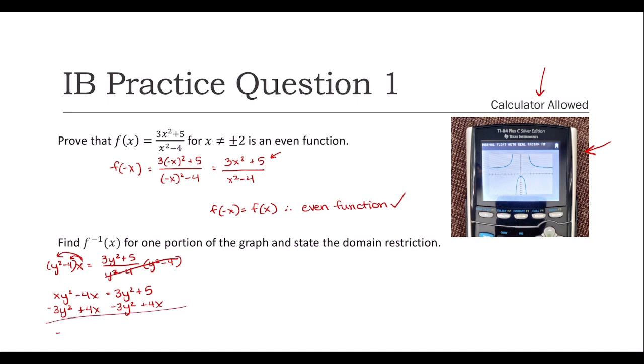So this gives us negative 3y squared plus xy squared equals 4x plus 5. We can factor the y squared out on the left side, so we have y squared times negative 3 plus x equals 4x plus 5. We'll divide both sides by negative 3 plus x.